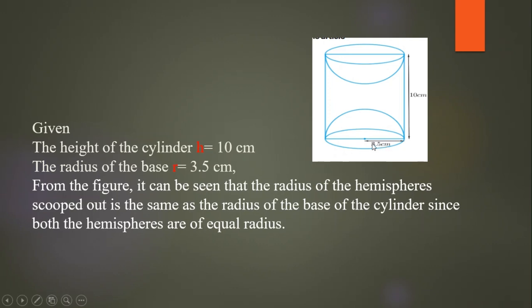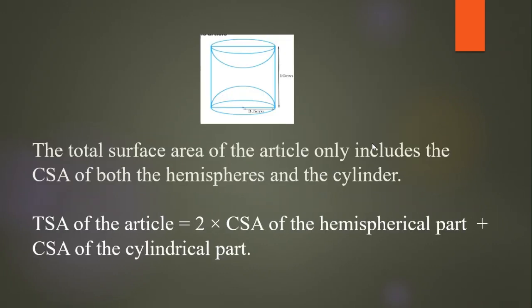Now we have to calculate the total surface area of the article, the total article. If we clearly observe, what do we have? We have a cylinder and two hemispheres. So we can write the total surface area of the article.